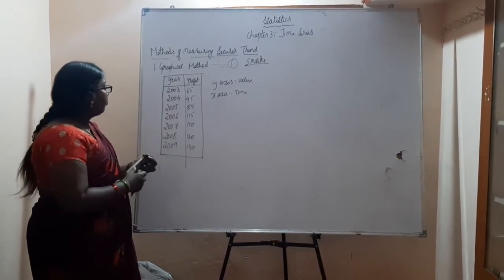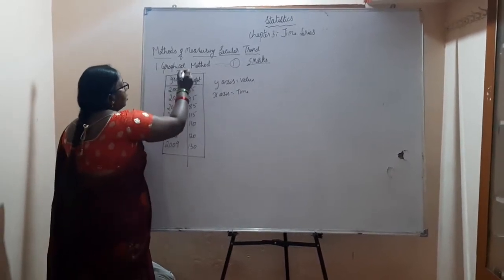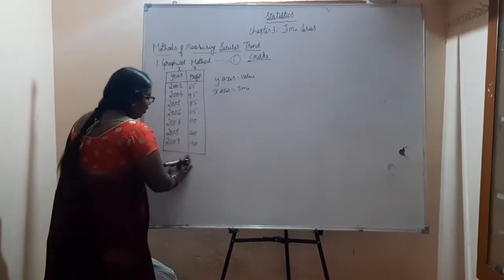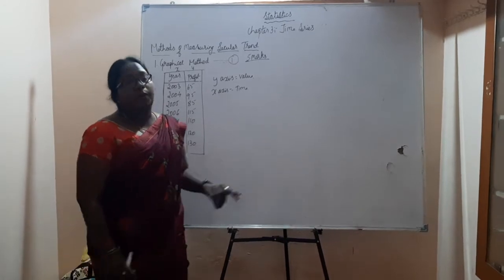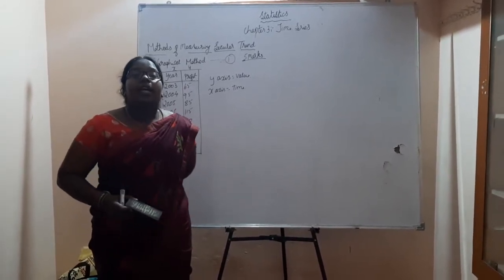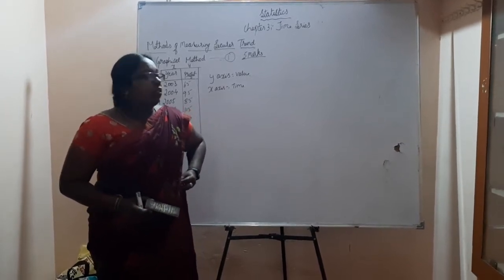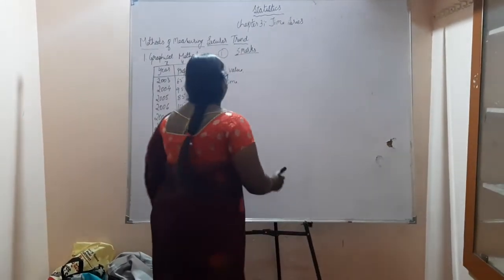So the data given here is x, the years, and profit is my value, that is y. Now we will plot it on the graph. Please, after this class, go and purchase a graph book, because we will be using graphs for this whole chapter. So I will plot here.